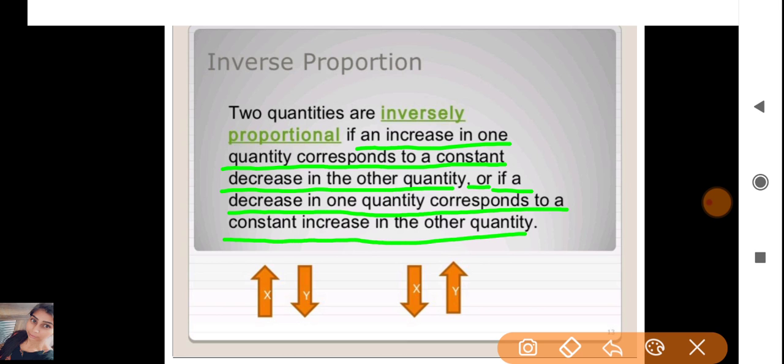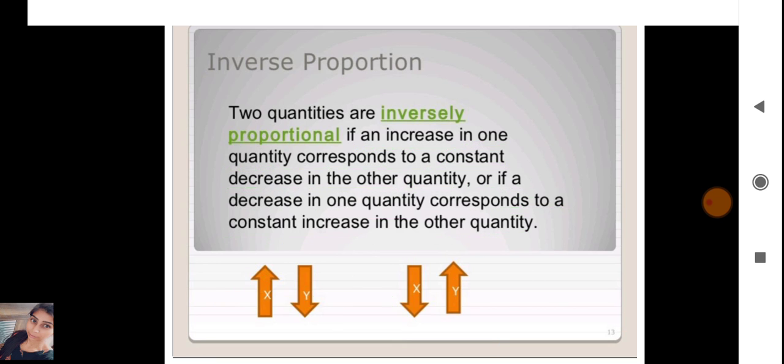In simple words, suppose you have x and y: if x increases then y will decrease, and if x decreases y will increase. That means an increment of the first results in a decrement of the second, or a decrement of the first results in an increment of the second.